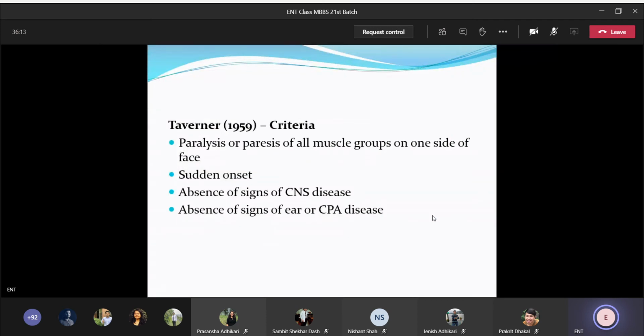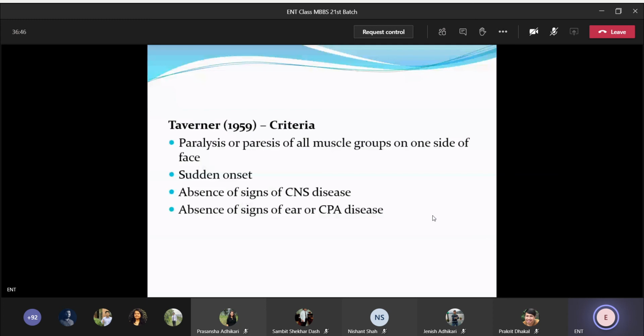There is a sudden onset, absence of signs of CNS disease, and absence of signs of ear or CP angle disease. So there should be no central nervous system disease, no ear disease, no CP angle tumor or any other CP angle disease, and the facial paralysis or paresis of the muscles of one side of the face should have gone.